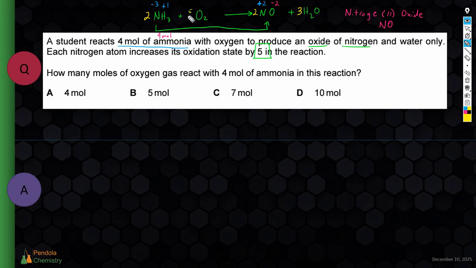So that's only 5/2. Or if we want whole numbers, we simply multiply everything by 2. So this is going to be 4, this is going to be 5, this is going to be 4, and this is going to be 6.